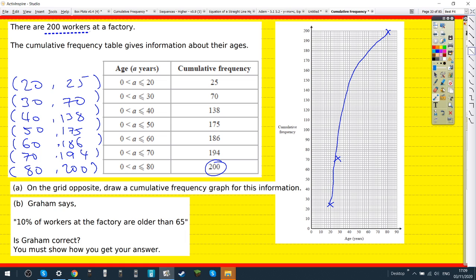So this was 200 workers at a factory. So you have to find the median. You need to arrange it in order, and then take the middle one. That would be from the table, the long way. So which worker would be the median one?